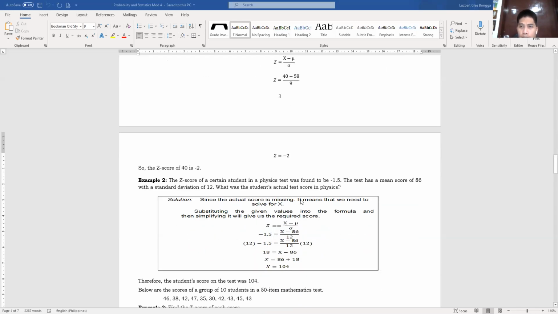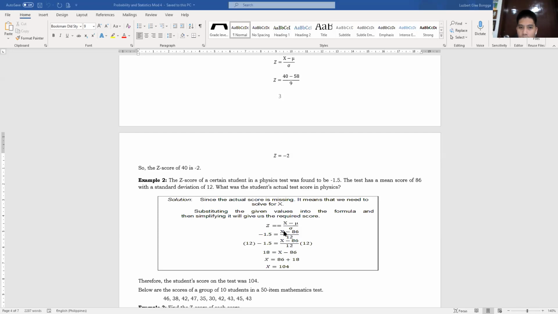Kung karon, bali na pod ang atoang pangitaon kay ang katong atoang raw score. Dayon gihatagan na ta sa atoang z value, or z score, that is negative 1.5. So ang atoang buhaton, plug in lang nato tong ato ang mga values dito sa atoang formula. So we'll have z is equal to x minus mu divided by sigma.